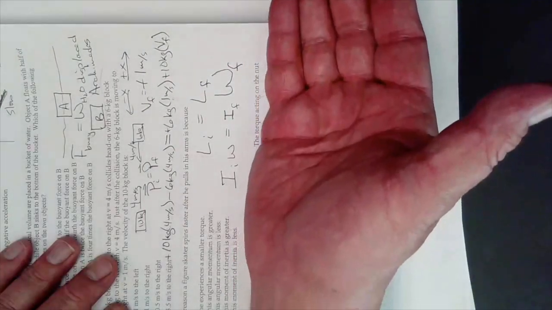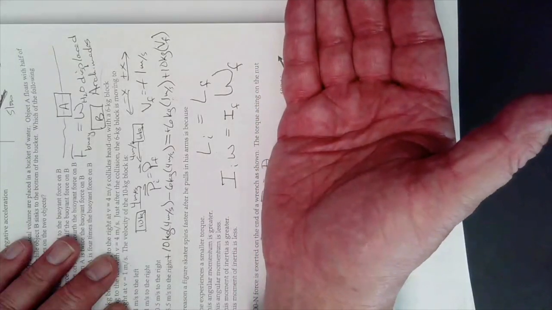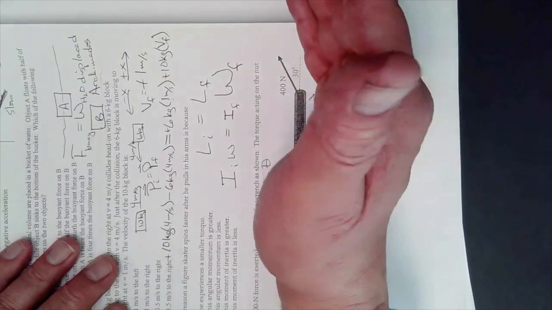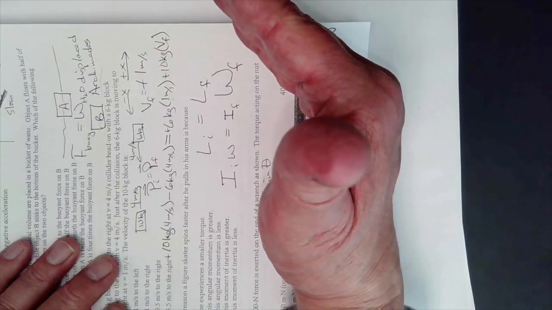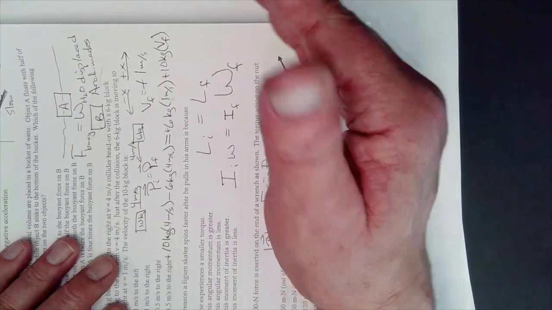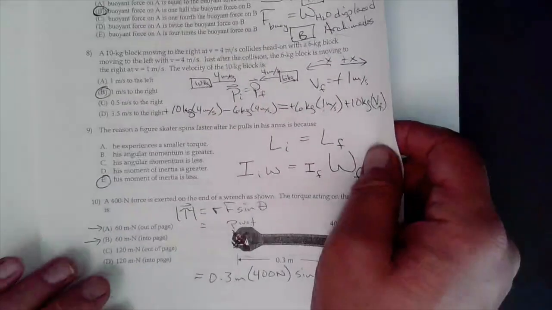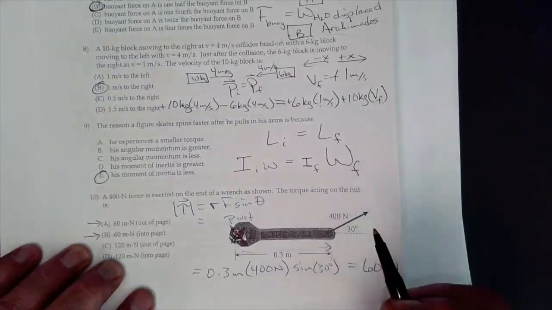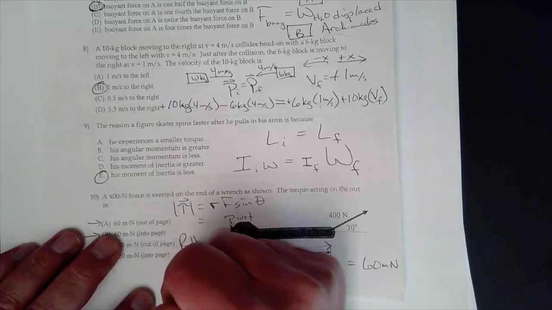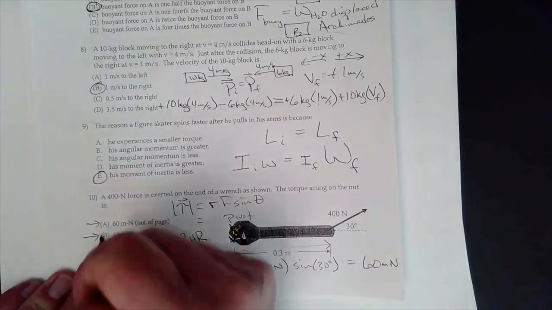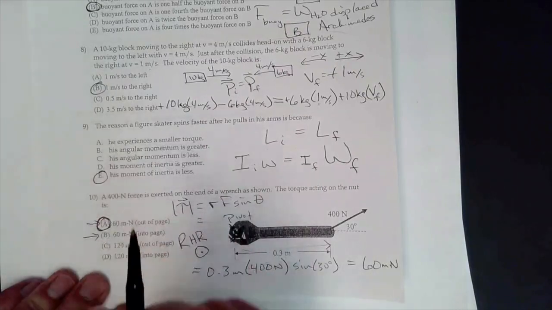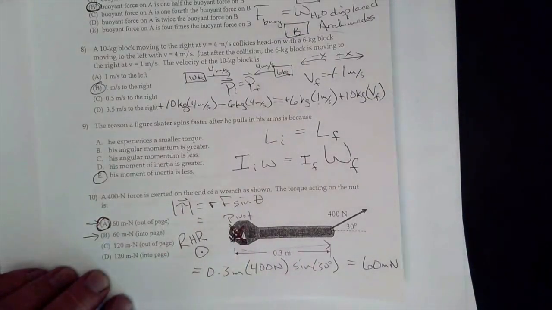And then the important part of this is to turn your wrist so you can wave in the direction of the force. And that's going to force your thumb in the direction of the torque. And so this has to be, by right-hand rule for torque, out of the page. So this is A. And I'm going to put A here.